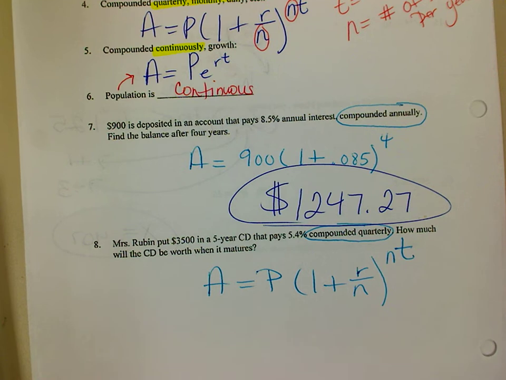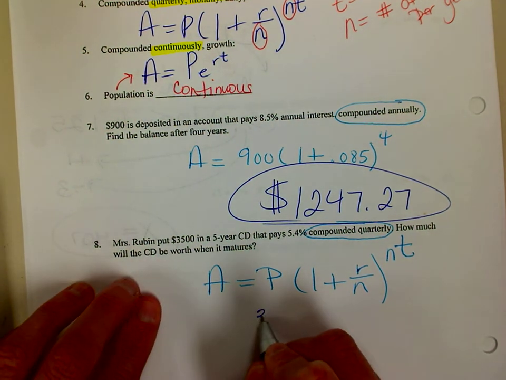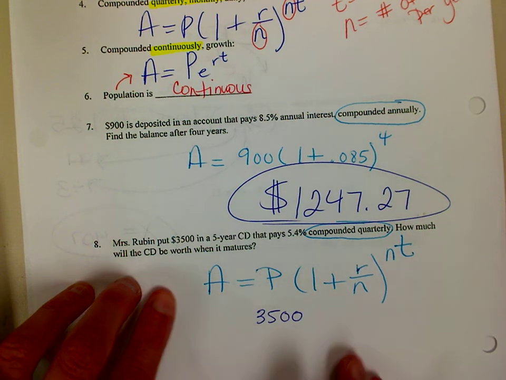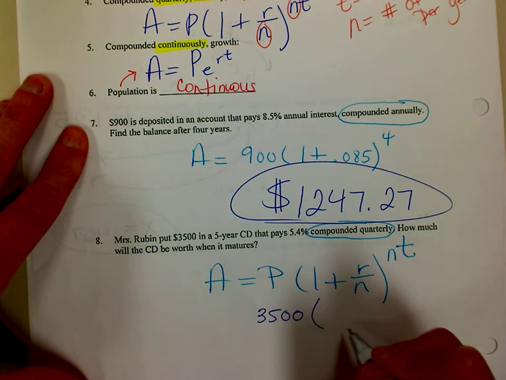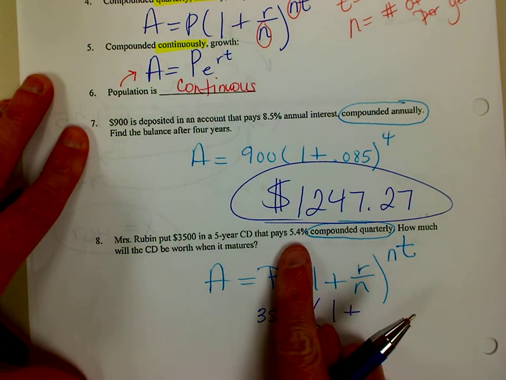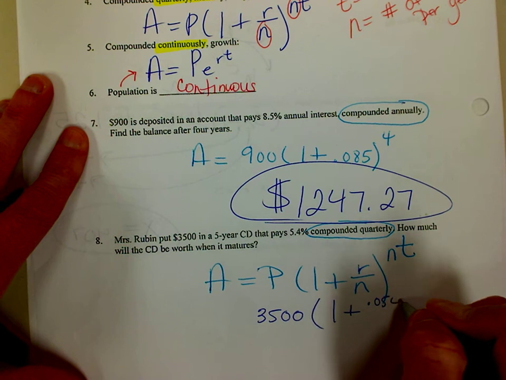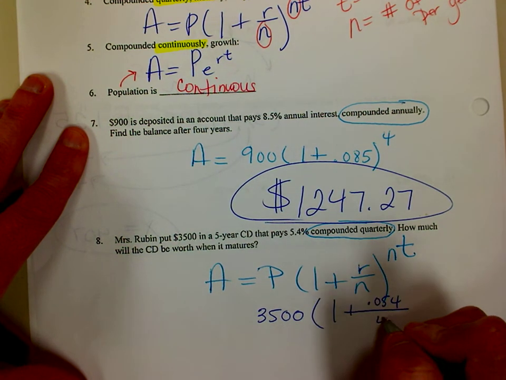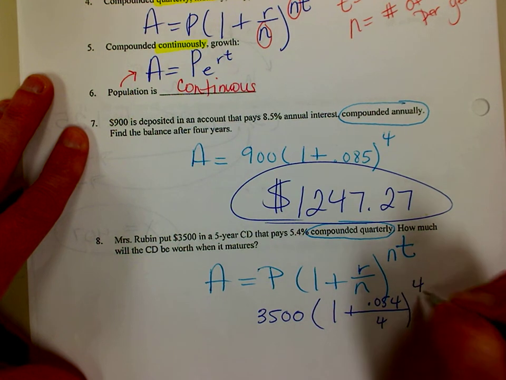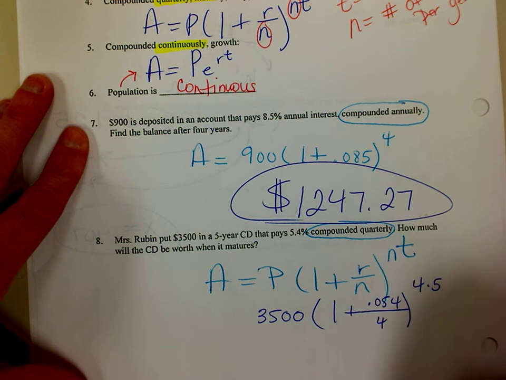So we start with $3,500. And then a CD, in case you're not sure what that means, it means a certificate of deposit. It's like a savings account. The rate as a decimal is 0.054. Quarterly means 4, so 4 is going to go in for N there and up there. And then the years would be 5.